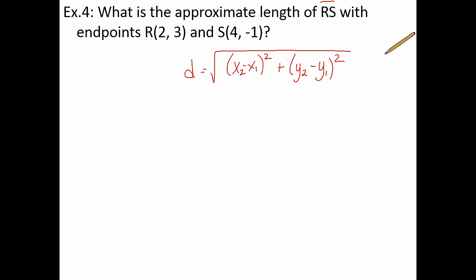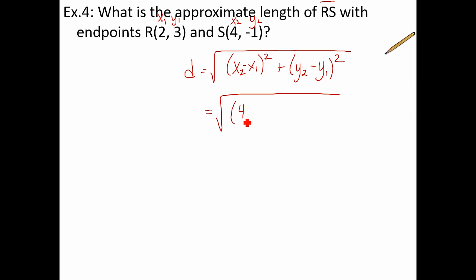So if I was going to start to plug in numbers here, again, some people find it helpful to label those coordinates. So this is x, y, x, y. This is x and y from the first point. This is x and y from the second point. And now they all have labels, and we can just plug them in where they go in this formula. So x from the second point, 4, minus x from the first point, 2 squared.